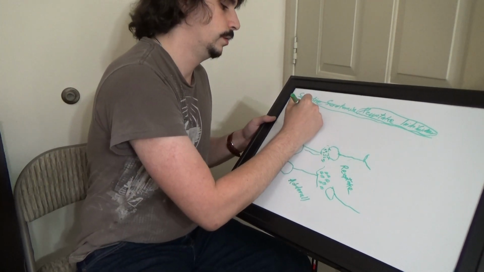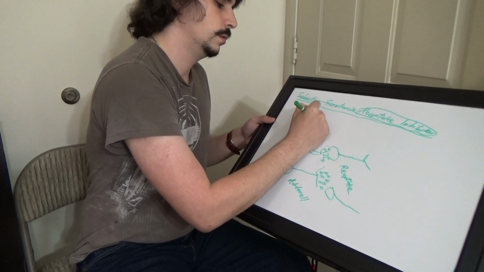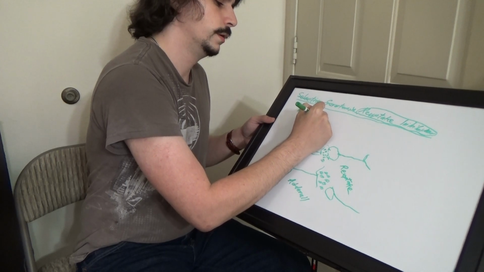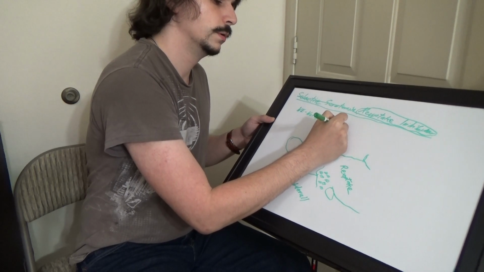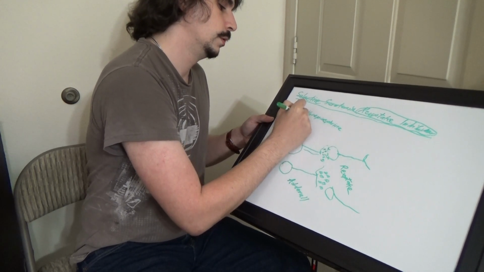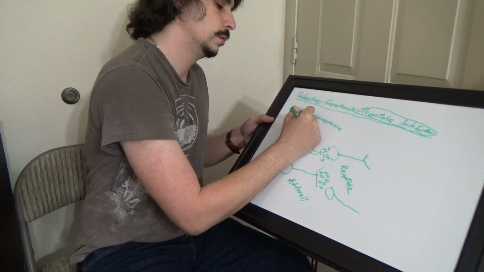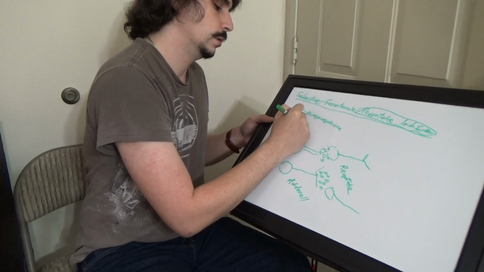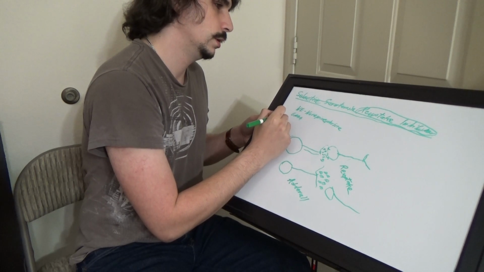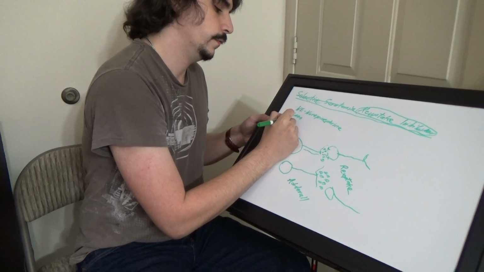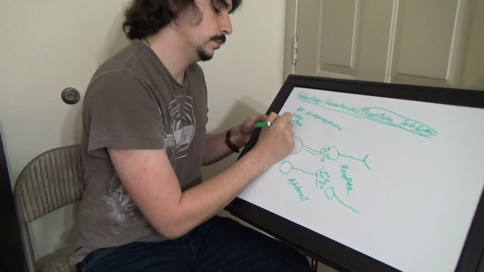There is NE, GABA. Let's see. And then we have the serotonin and dopamine.